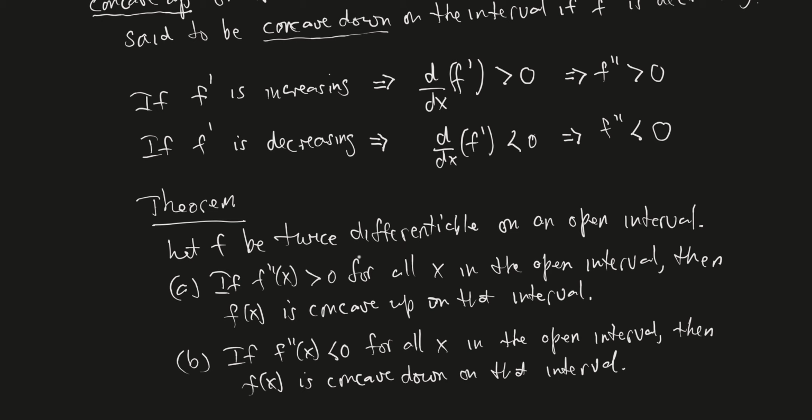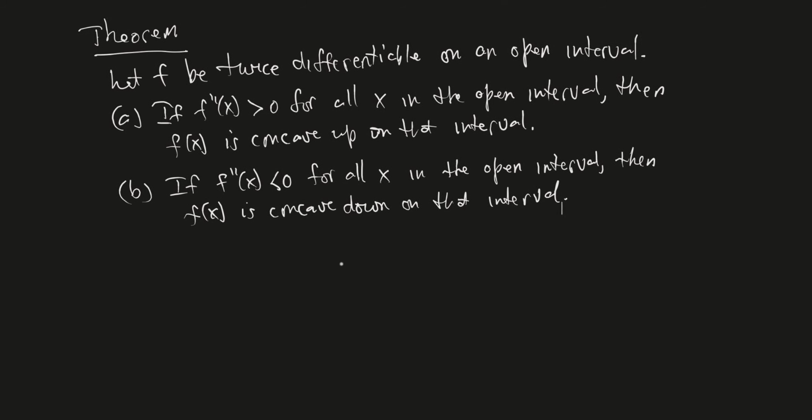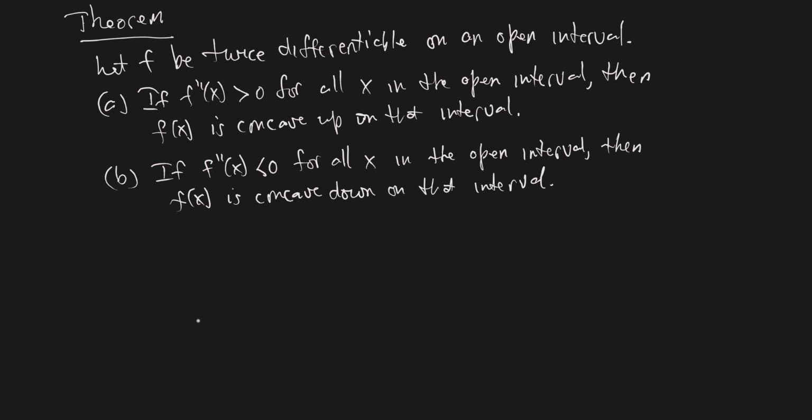So basically, a really nice analogy, and maybe I should do that here before, because there's one other thing we need to define, but maybe I'll do the analogy right now. What the first derivative is to increasing or decreasing, the second derivative is to concavity, like concave up, concave down, right?